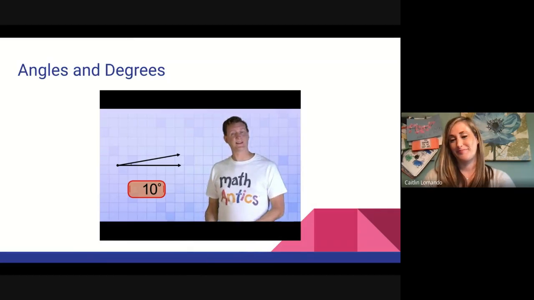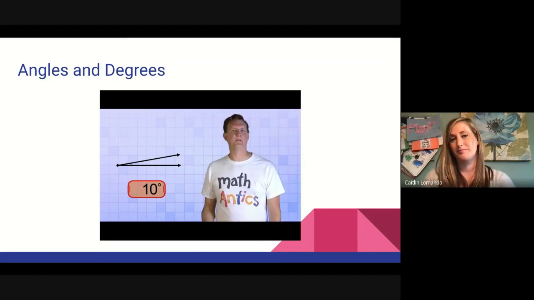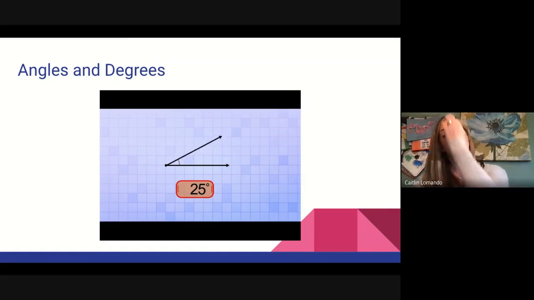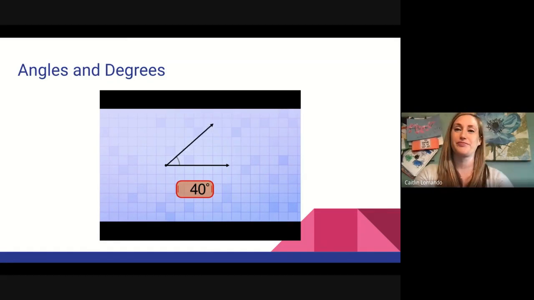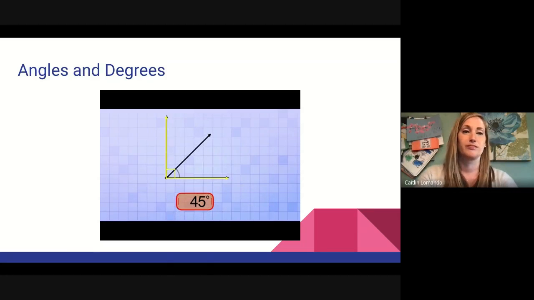So we can see that a 10 degree angle is still a very small angle. So let's keep going, but a little bit faster this time. All right, that's 15 degrees, 20, 25, 30, 35, 40, and 45. Now 45 degrees is a special angle because it's exactly half of a right angle. If we draw a right angle in the same spot, you can see that our ray cuts it into 2 equal parts.